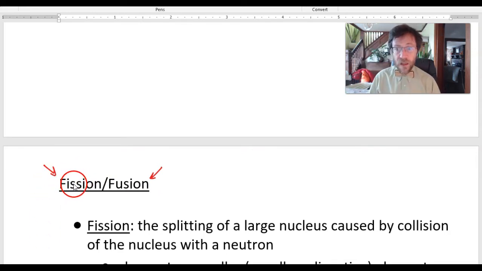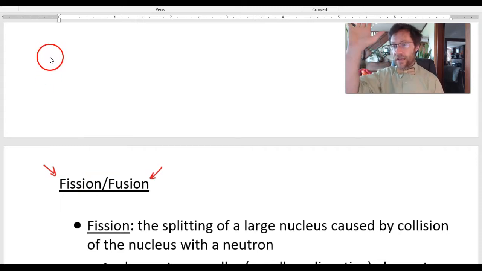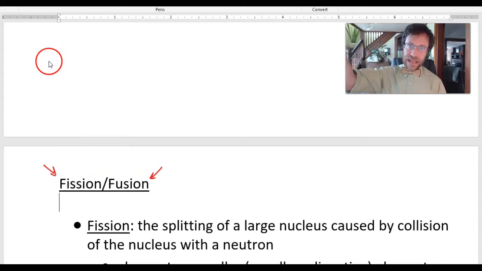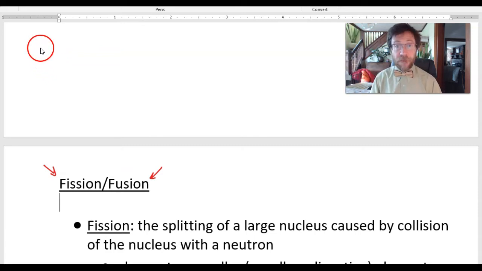Fission: a fissure. If you ever go alpine hiking and mountaineering, a fissure is something you have to be really careful of.